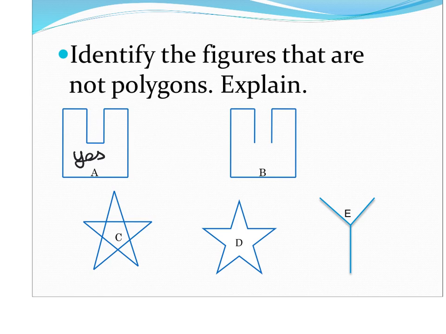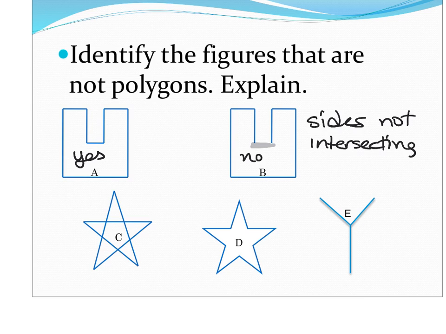However, figure B, this one is not a polygon because the sides right in here, it's not closed. So because the sides are not intersecting two other sides, that would be the reason why it's not a polygon.